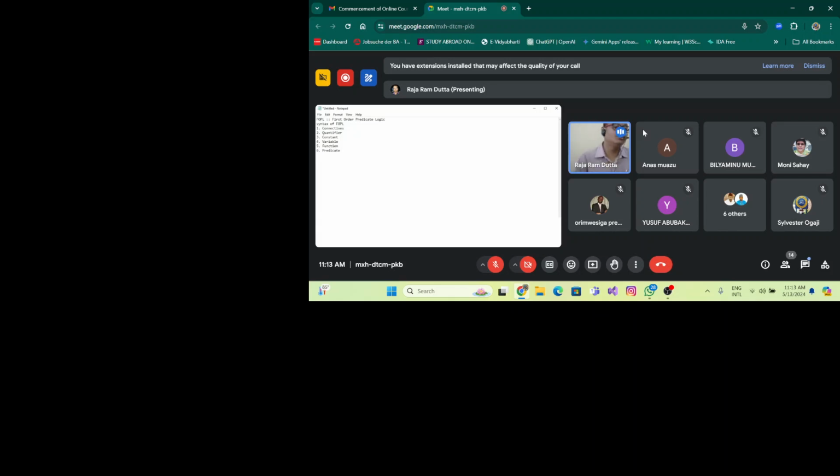So in FOPL we use connectives, quantifier, constant, variable, function, and predicate.